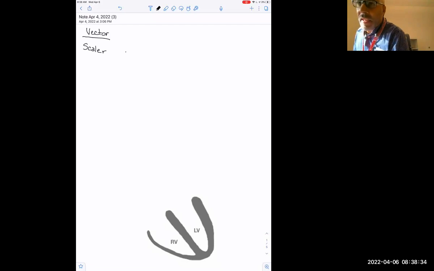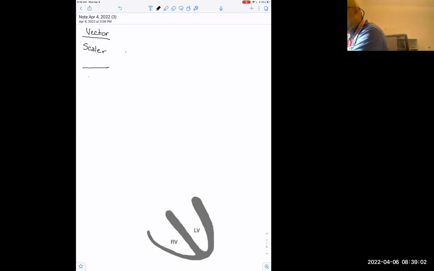Now, in physics, in order to have a visual representation of this concept of vectors, we use a convention. We use arrows. So the tail of an arrow, so that would be just a line before the head, by convention tells you the magnitude of a force.